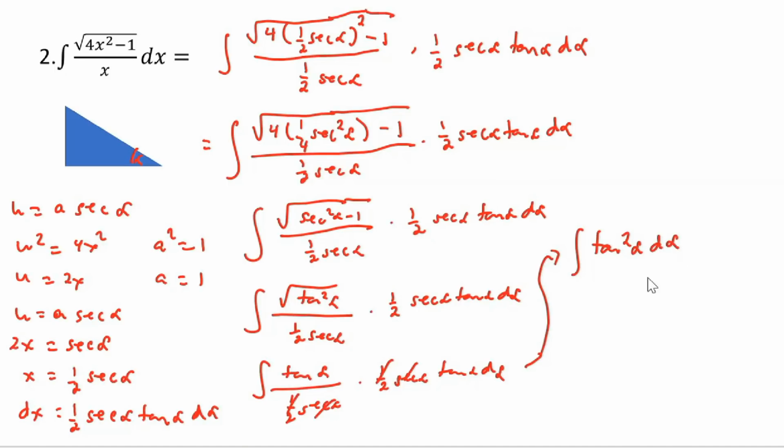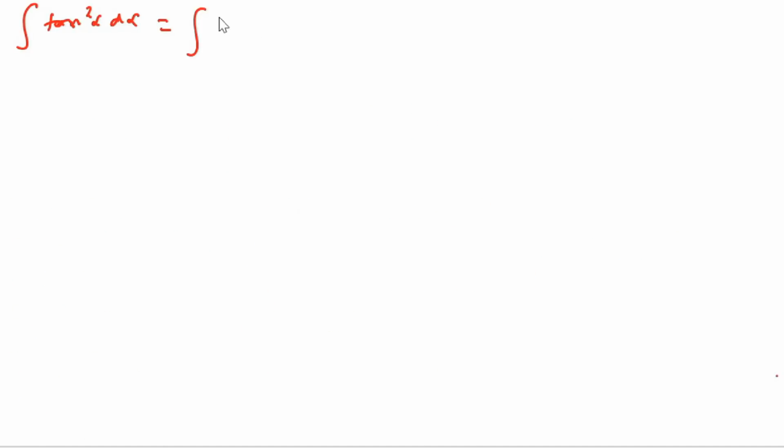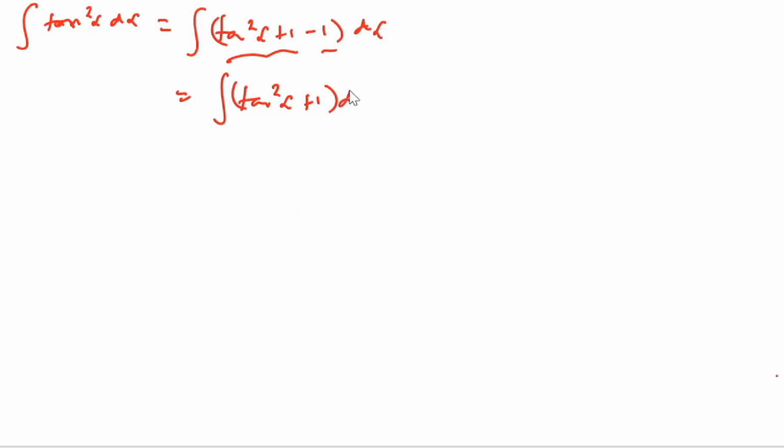So tangent squared alpha has no direct integration, so I will use adding and subtracting. We have now the integral of tangent squared alpha plus 1 minus 1 d alpha. Separating this, I can rewrite it as the integral of tangent squared alpha plus 1 d alpha minus the integral of d alpha.